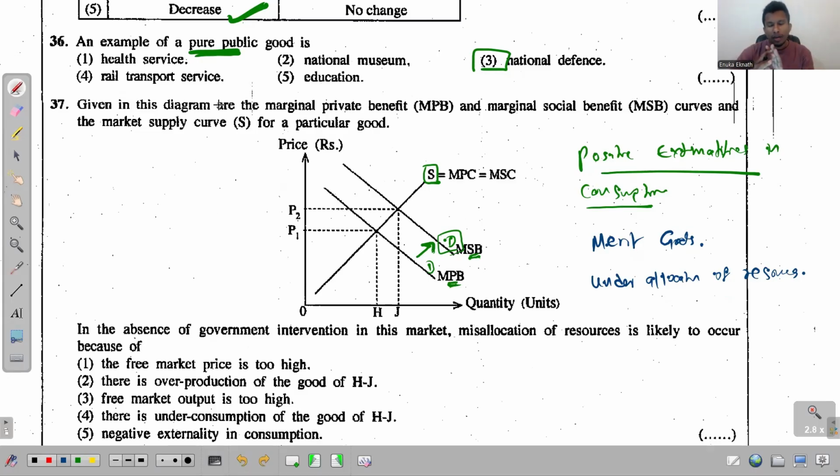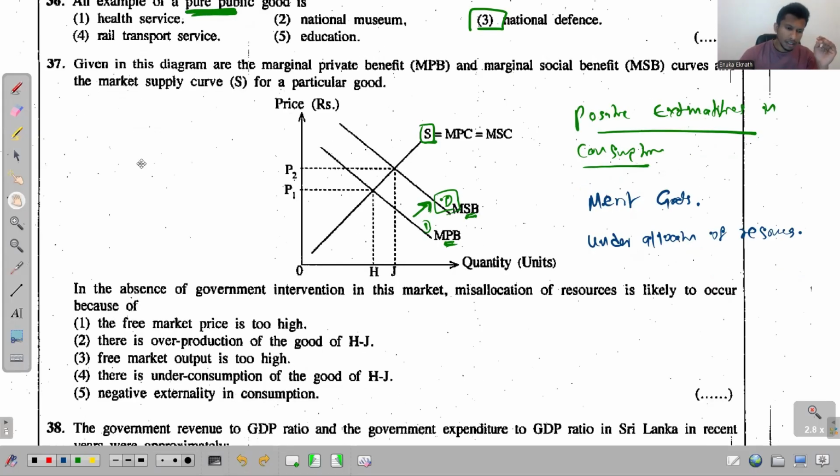Right, now keeping this knowledge in mind, we will go to the provided answers. The first one says, in the absence of government intervention in this market, okay, if there's no government intervention, misallocation of resources is likely to occur because of which one of the following reasons? The first one, the free market price is too high. Just think.